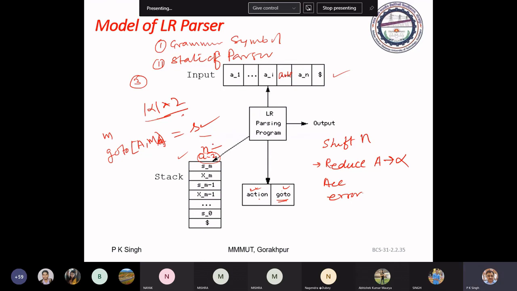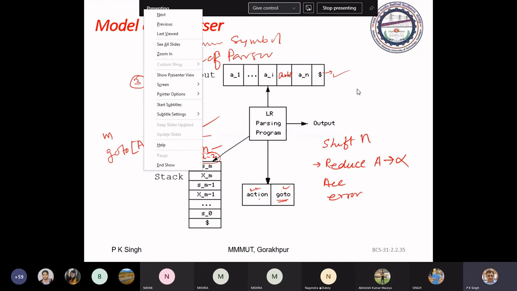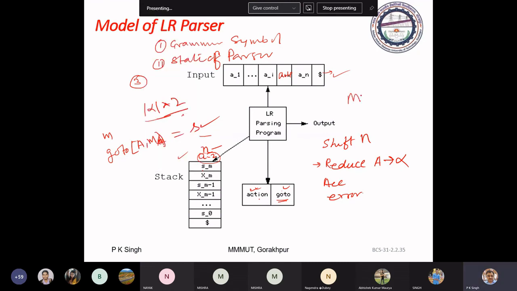Next, generally, if the current input pointer is pointing to dollar and the top state is m, then except in that case your parser will announce successful completion of parsing.